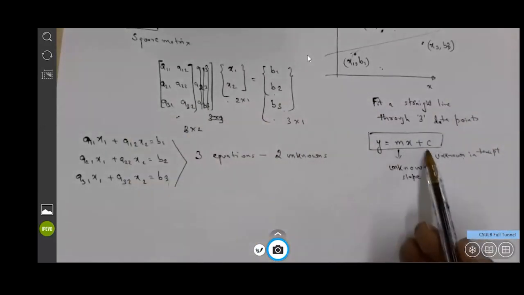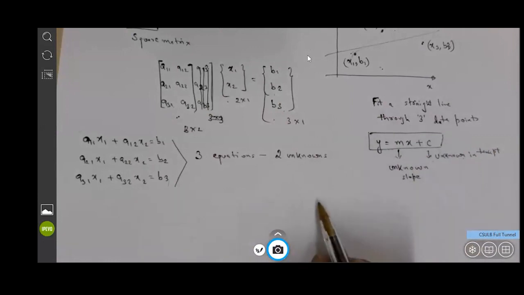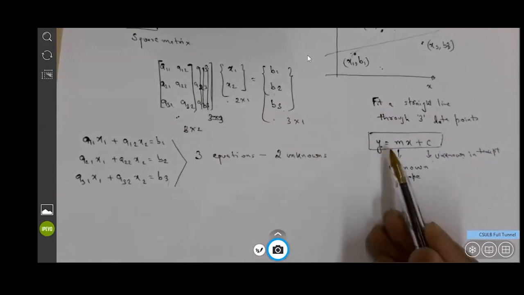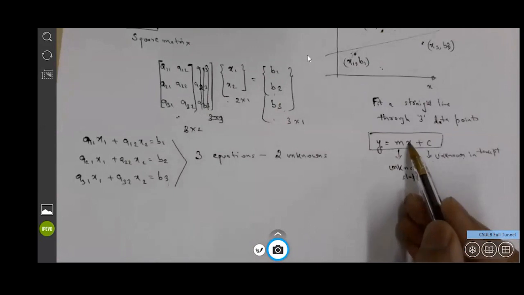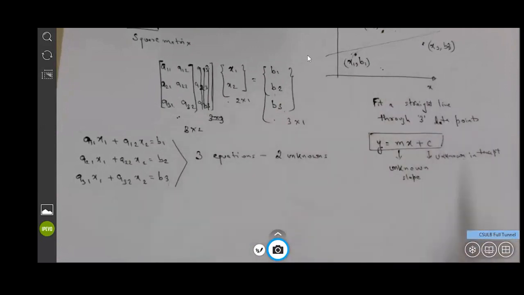So my unknowns are M and C. What I'm trying to do is, I know my data points B1, B2, and B3, and I know the corresponding X1, X2, and X3.